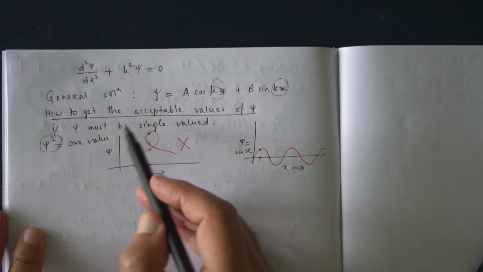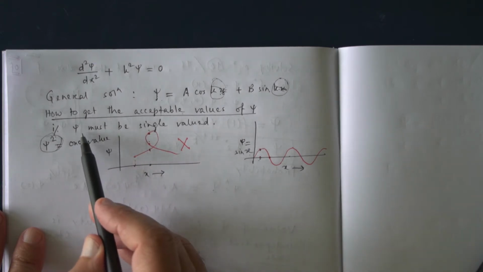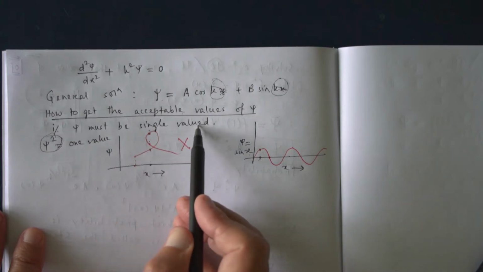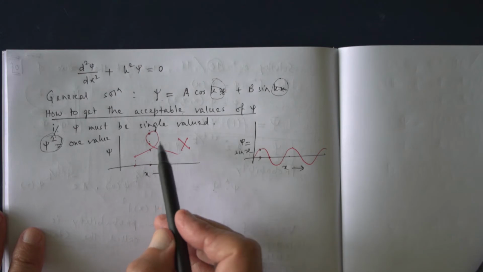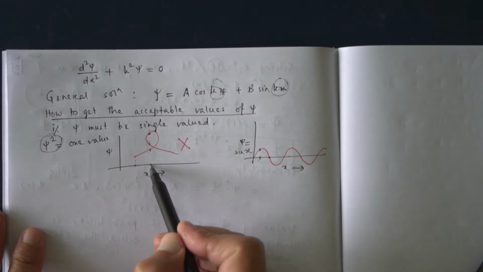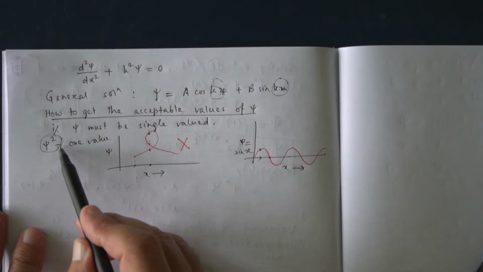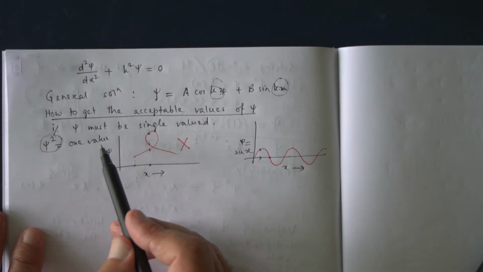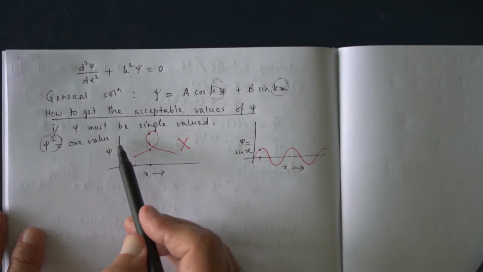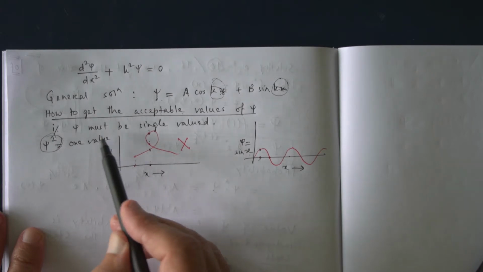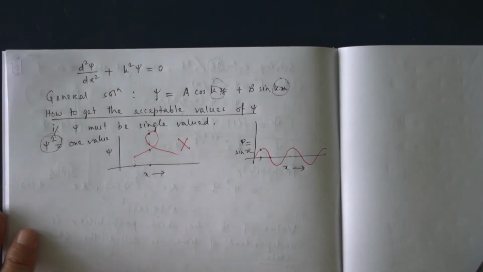Therefore we impose the condition that psi must be single valued, because if at a value of x psi has more than one value, then probability will have more than one value, and it will create problem in explaining such a result.